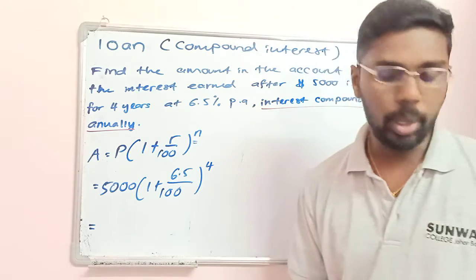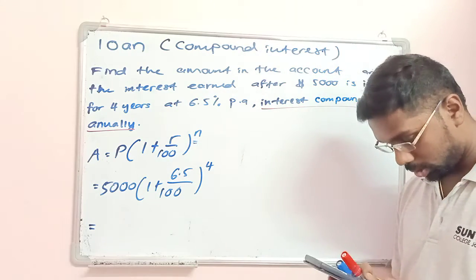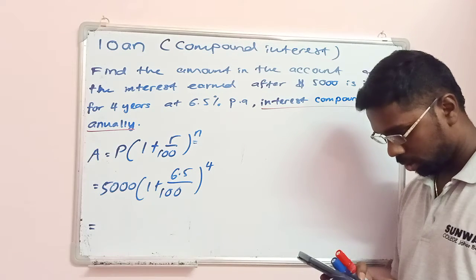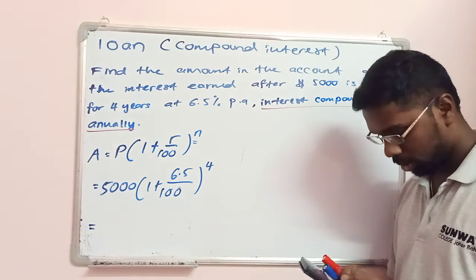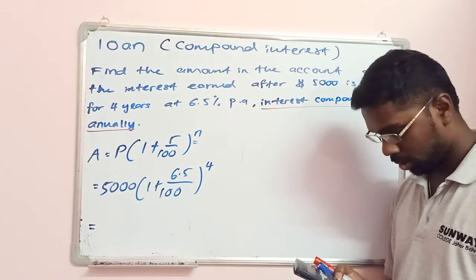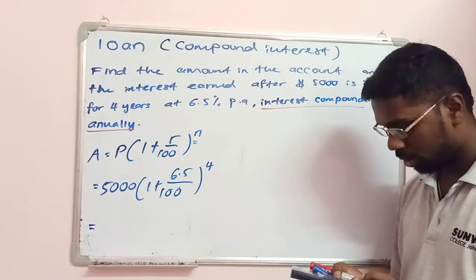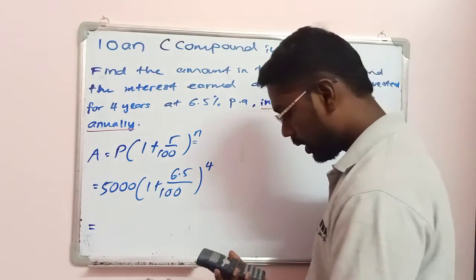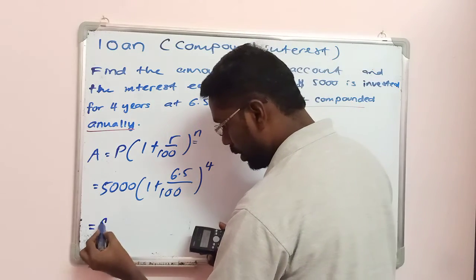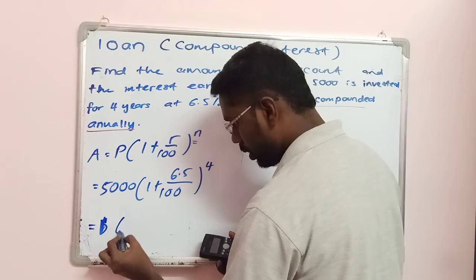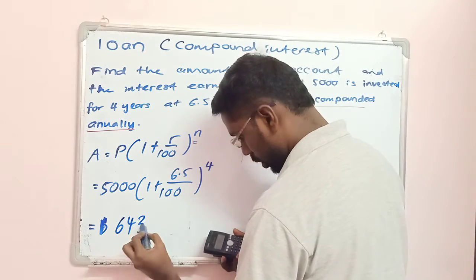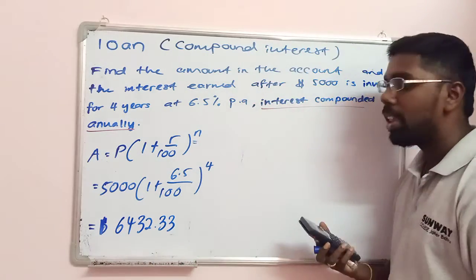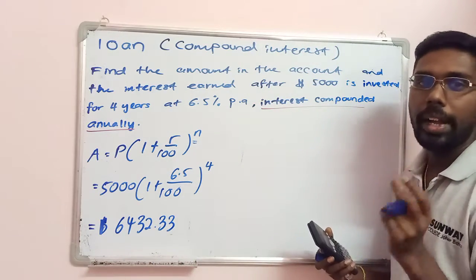Therefore, the total amount inside the account, since it is a monetary value, is $6432.33. So this is the total amount accumulated in the account.